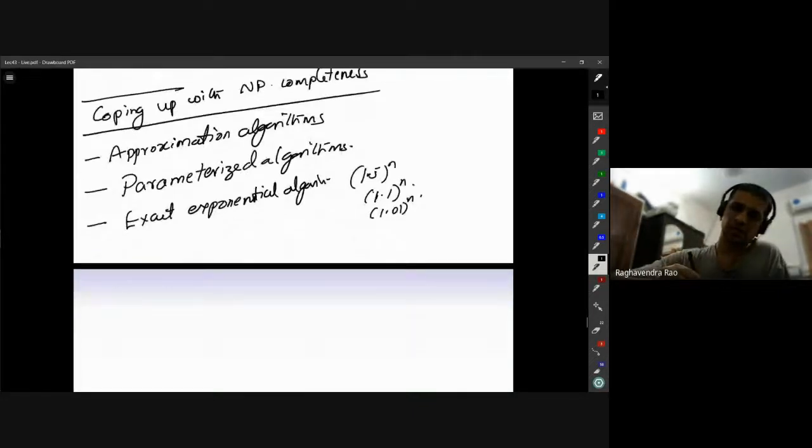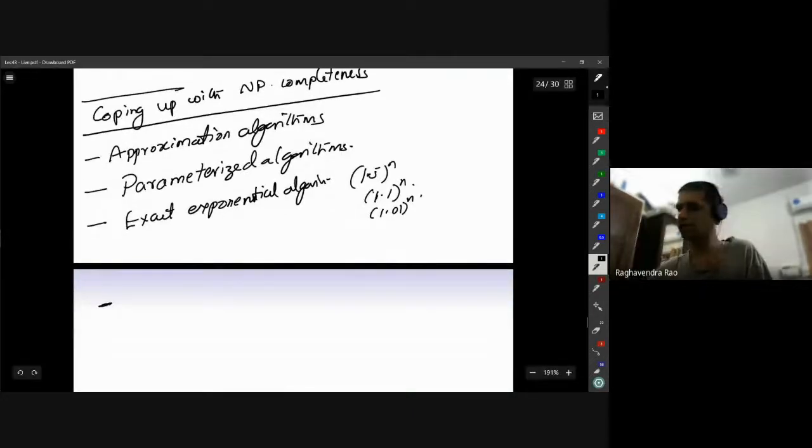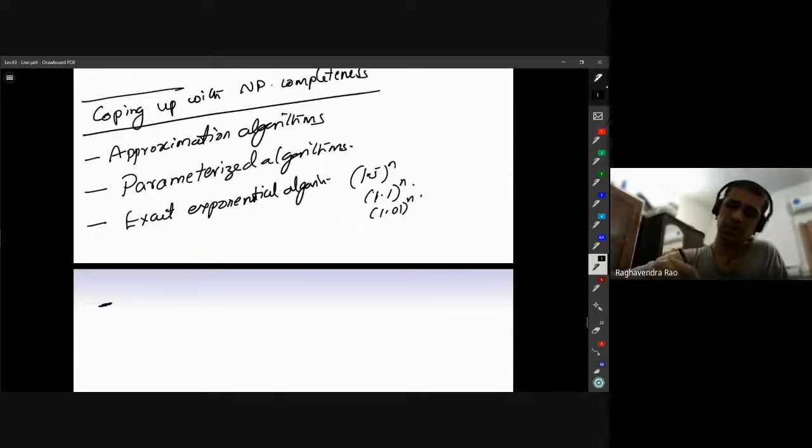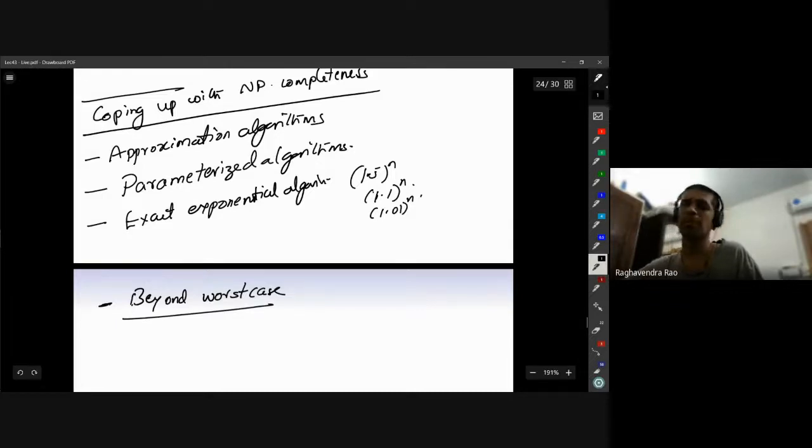And there are also other ways of attacking this. One is going beyond worst case. That is, don't really look for worst case analysis, maybe average case or other kinds of analysis. So these are four methods. In fact, there are other paradigms too, but these are the most prominent ones.